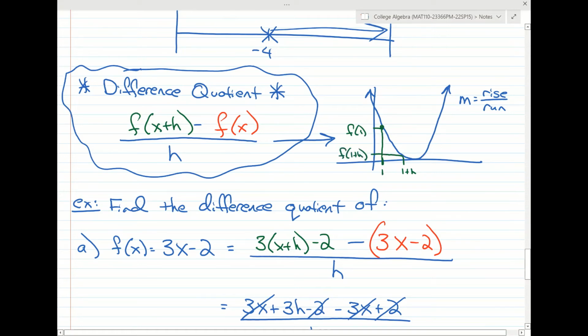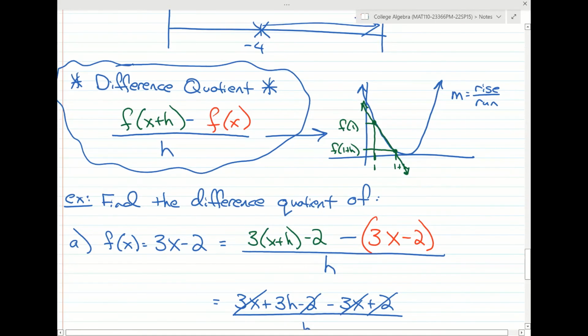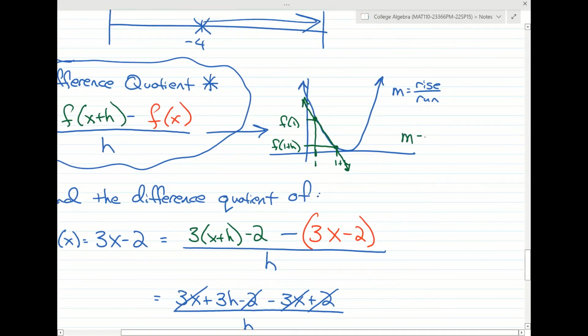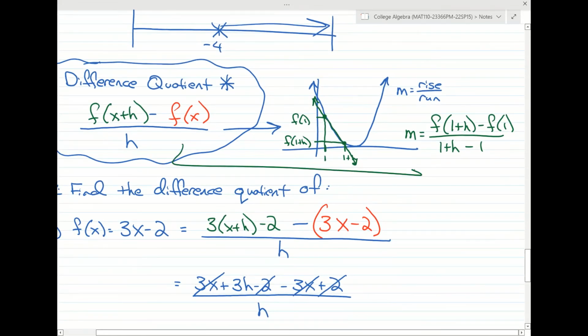If you were going to find the slope between those 2 points on the graph, you could find the slope between 2 points. The slope would be, to subtract the y values, f of 1 plus h minus f of 1 divided by 1 plus h minus 1, which is exactly the same thing as this.